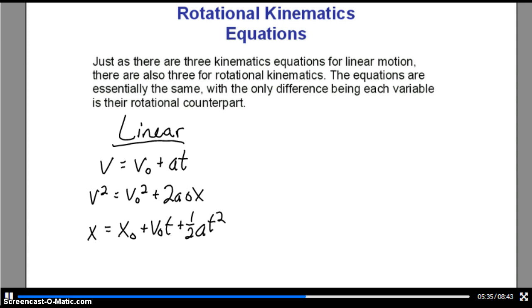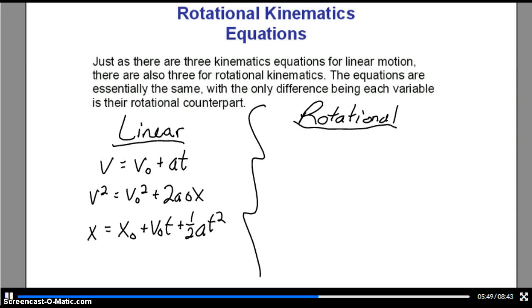In rotational, everything looks exactly the same, except we're going to put our new variables in there. So here's rotational. First, instead of v, we have omega, rotational velocity, is equal to initial rotational velocity plus rotational acceleration alpha times time.